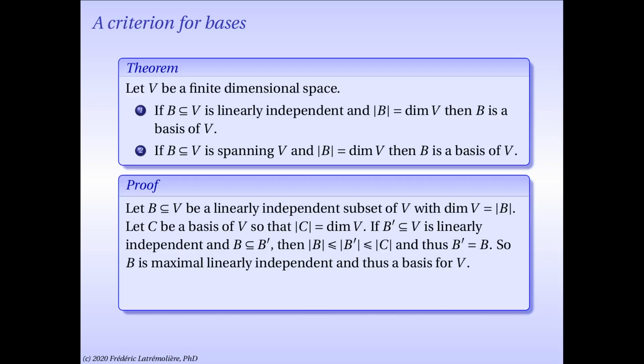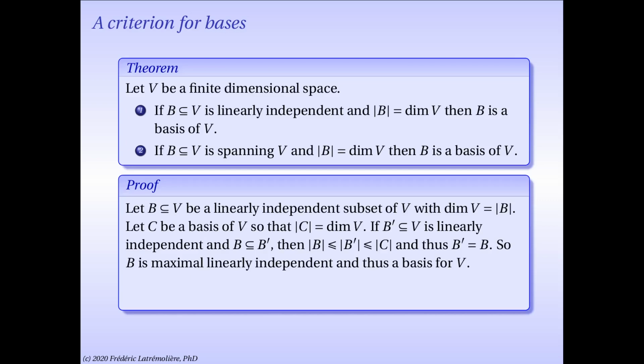Now, since I want to prove that my B here is maximal among linearly independent subsets of the vector space, I'm going to take B prime, another linearly independent subset of the vector space, which contains B. So what do I know? Well, the cardinality of B is less or equal than the cardinality of B prime because B is a subset of B prime.